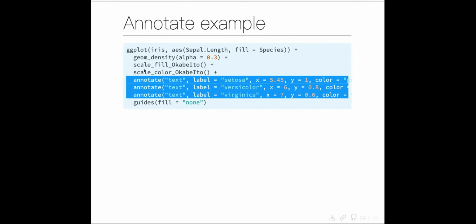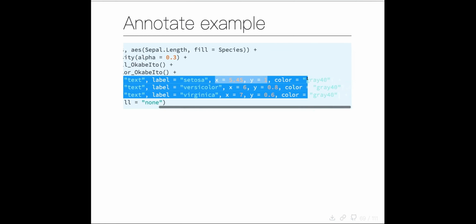Okay, but it just looks like this. You say annotate, you say the type of annotation that you want to do, so you can do rectangle annotations and all sorts of different things. But for what we're talking about, it's always going to be text. You want to do a text annotation to your plot. Say the label, and then give it an x and a y, and then a color.